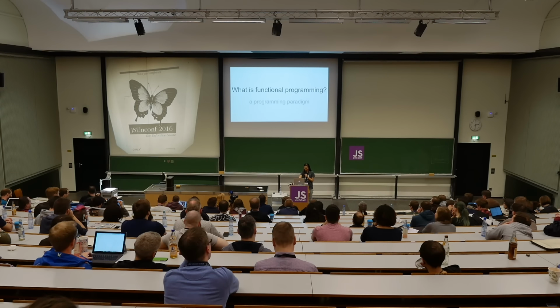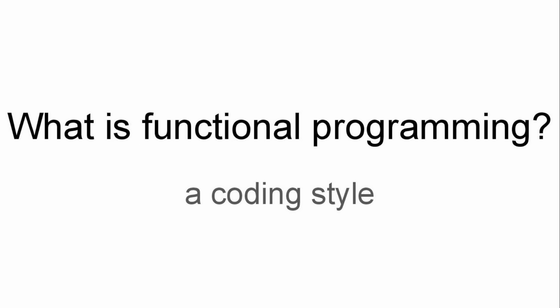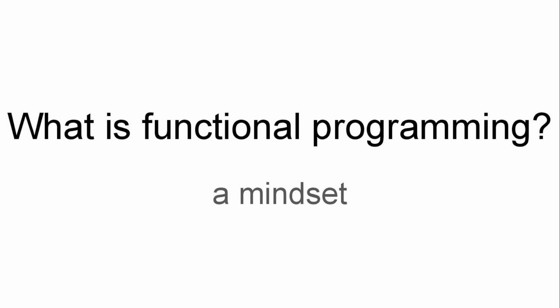Functional programming is also a paradigm where functions are king, and we'll talk about what that means in a little bit. It's also a style of coding, of organizing your code, writing your code, a style of approaching projects. And really more than that, it's a mindset you can get into, a way of thinking about a problem, a way of approaching a task.